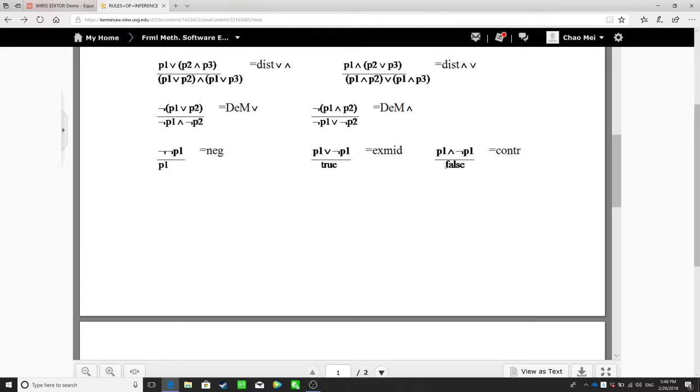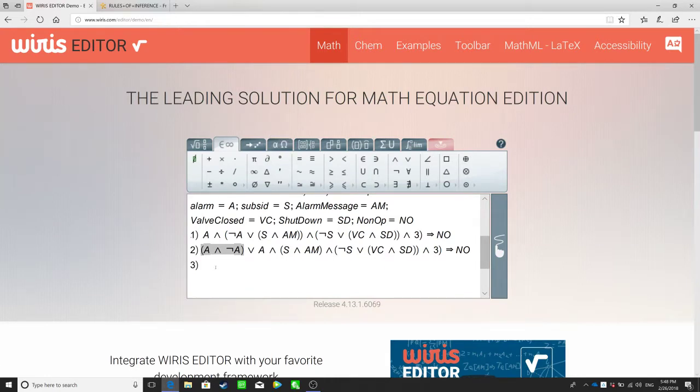A false and a true always results in false. That's the sense you should have in your mind instead of checking everything from the rules of inference. So this becomes a false or something, right?